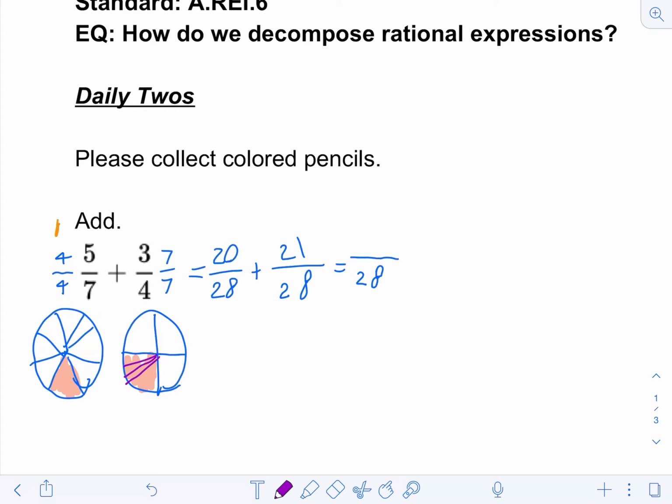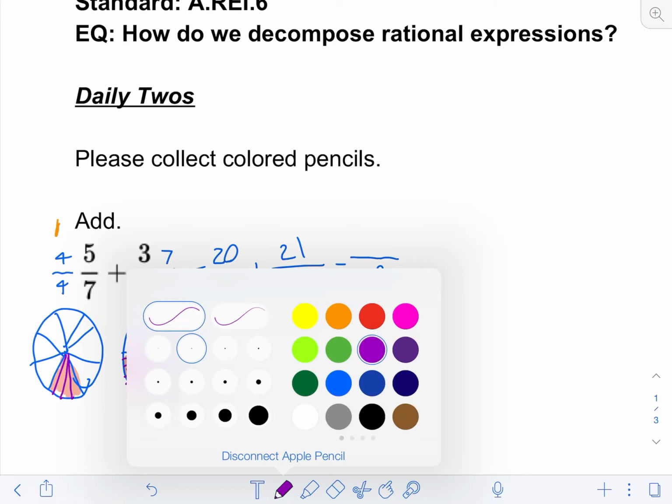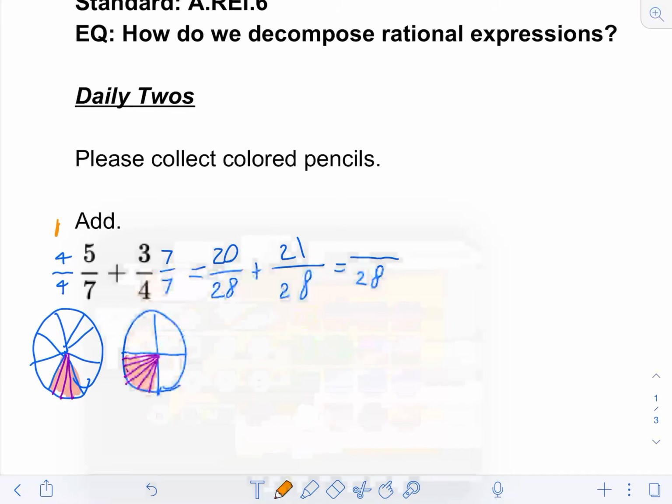That's 1, 2, 3, 4, 5, 6, 7. Yeah, 7 slices, and I took each of the 7 slices in the pizza that's cut into 7 slices, and I cut them into 4 slices. Okay, so that's how we got 28 out of 28.